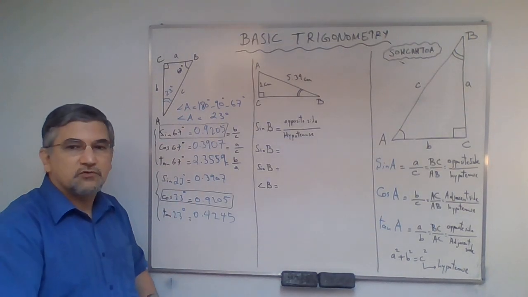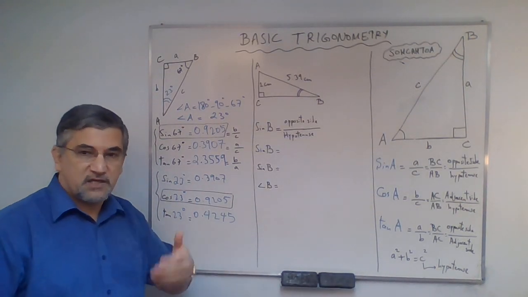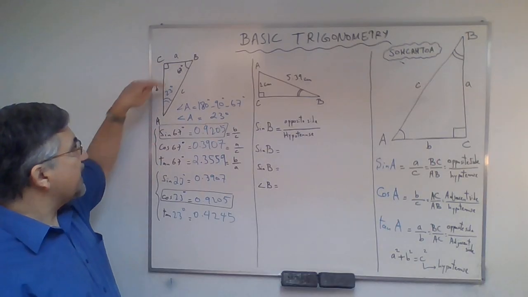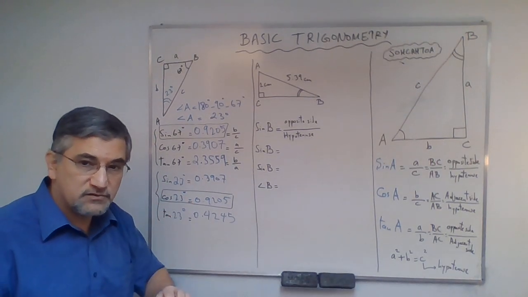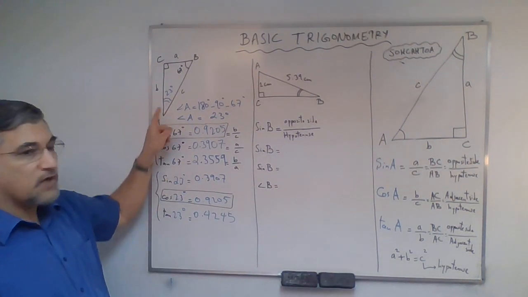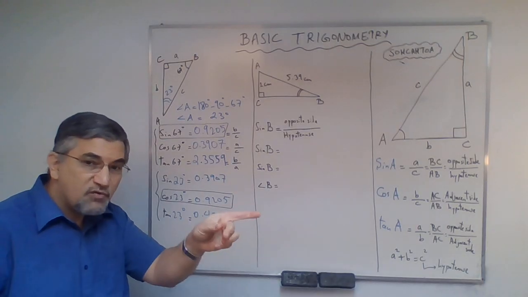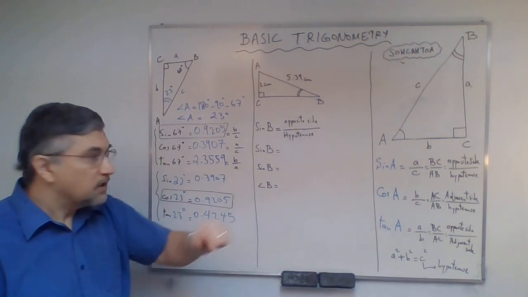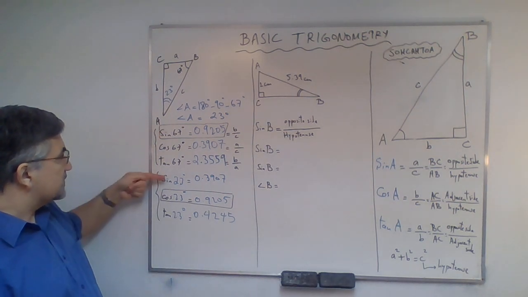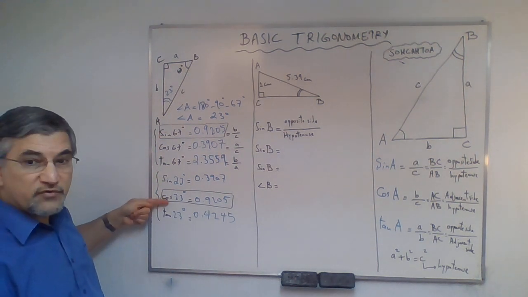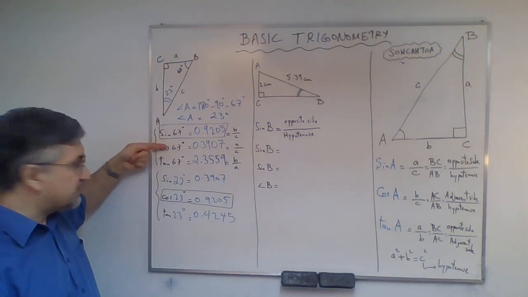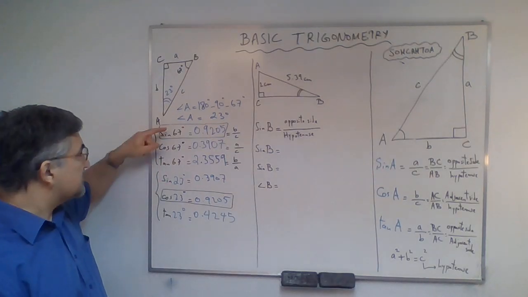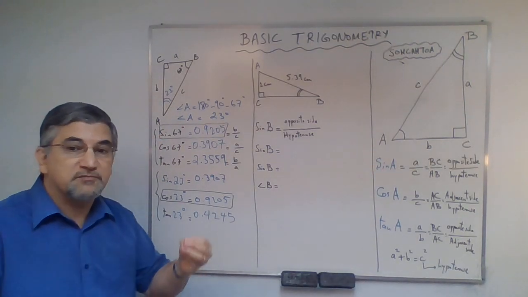Some people don't know about it, but I'll tell you. When two angles are complementary angles, which means that they add up to 90 degrees, then sine of one angle equals the cosine of the other angle, and vice versa. So sine of 67 is the same as cosine of 23. And cosine of 67 is the same as sine of 23. Why? Because 67 and 23 are complementary angles.